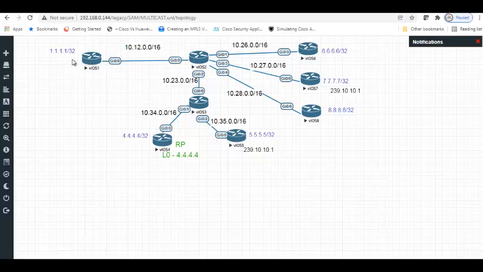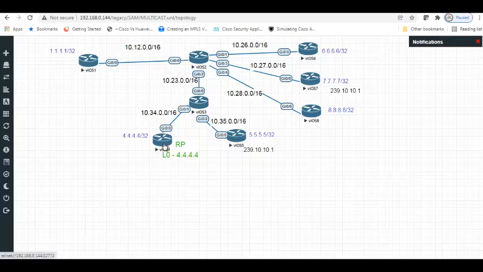Now, as soon as you ping, the very first packet will go in search of RP. For that, this also needs to know who is RP. It will go to RP and say, hello, I am the source 1.1.1.1 for 239.10.10.1.